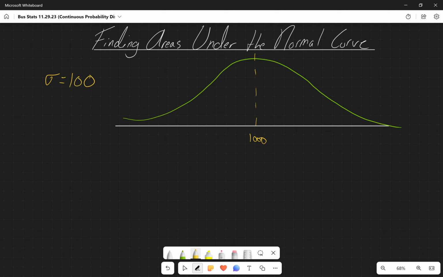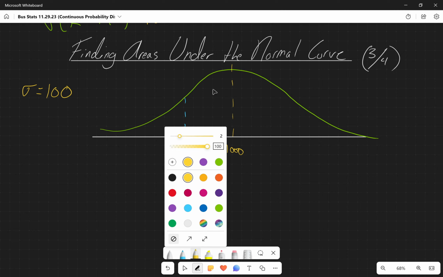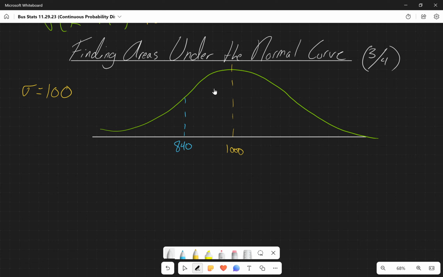The third example that we're going to do, 3 out of 4, is talking about what's the z-value for the income of a driver who earns, or what's the probability of finding, another way to think about that, a driver who earns between $840 and, sorry, $1,200.